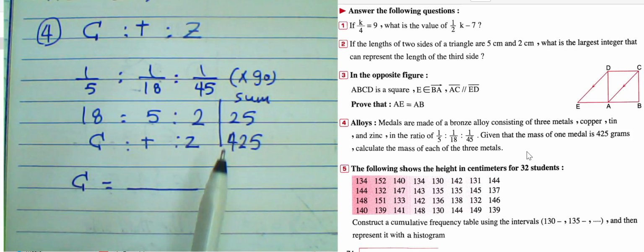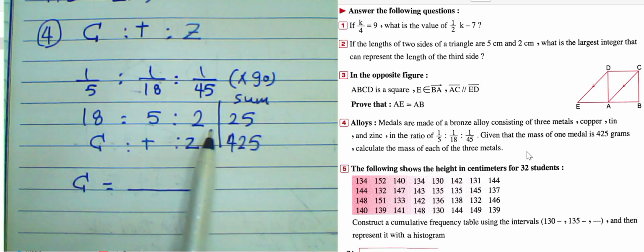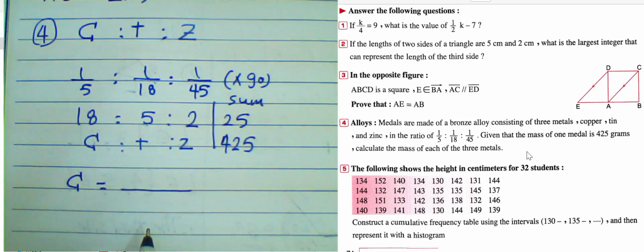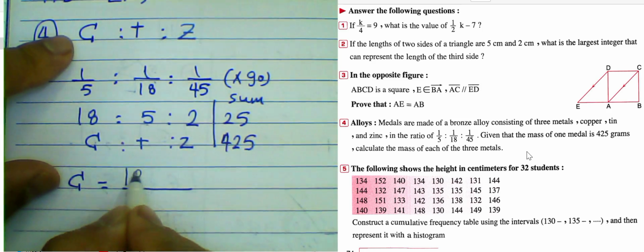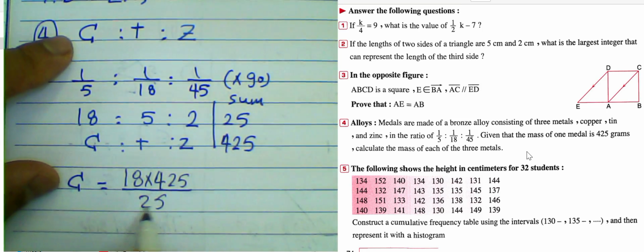Or you can find 425 divided by 25 and multiply the result by 18. Find the value of one part and then find the weight of the first.